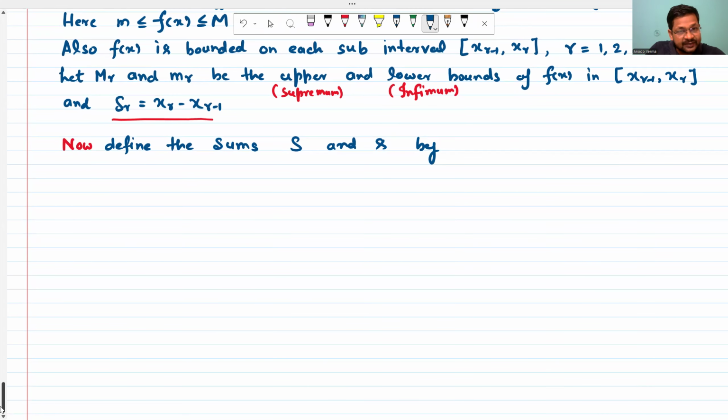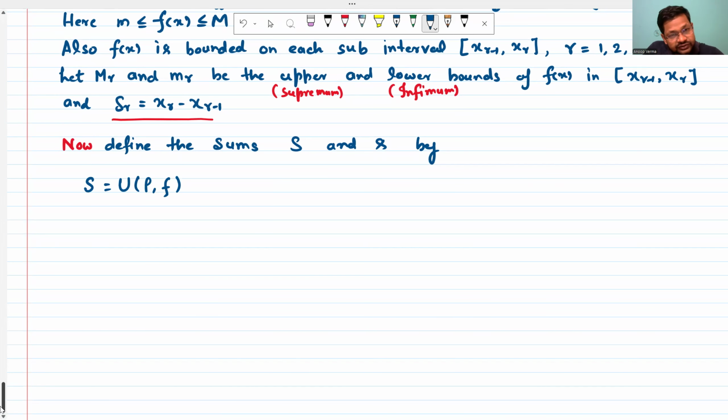So how have we defined the capital S? That is this, and this is denoted by U(P, f), depending on this partition P of the function f.